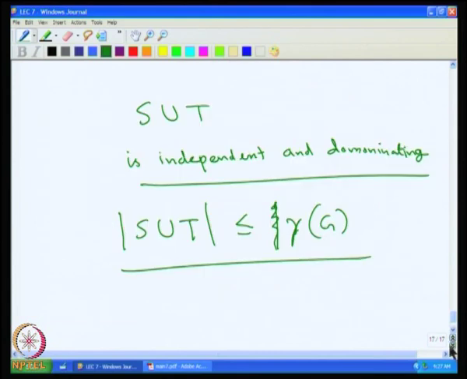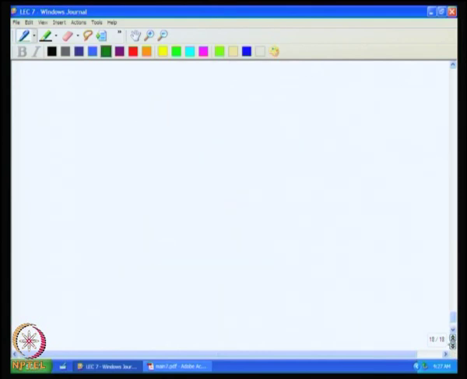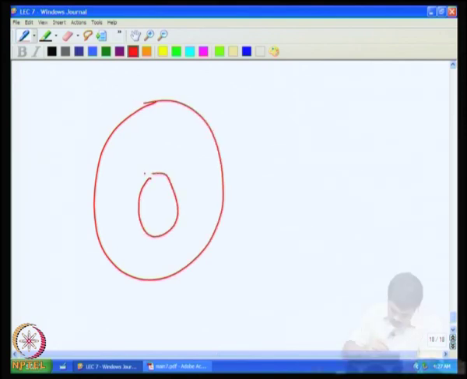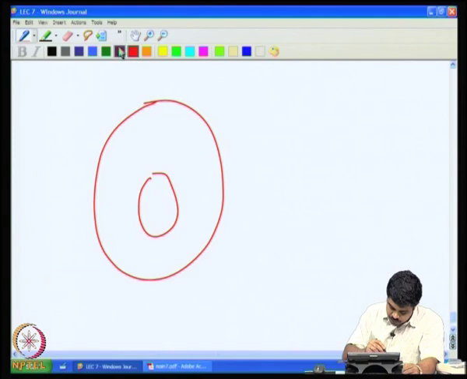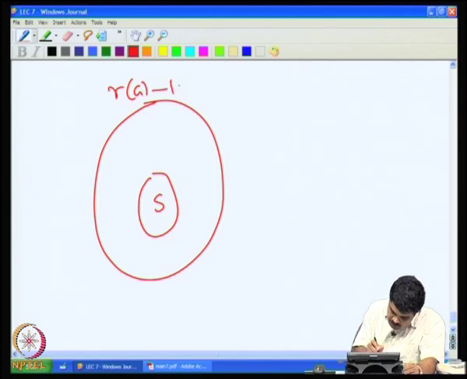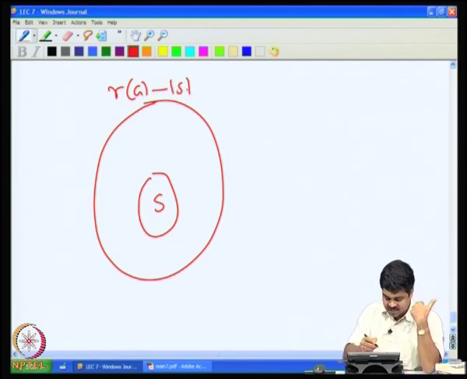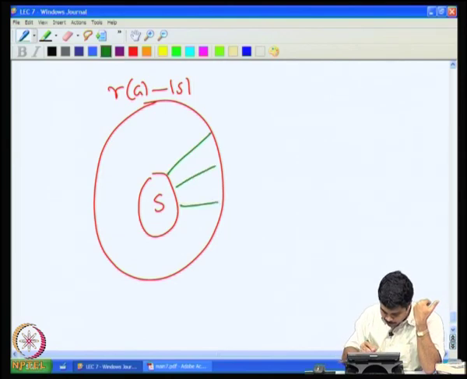Let me redraw it on the next page. So, this is the gamma of G, and we have the S here. Now we are interested in gamma of G minus the cardinality of S. That is essentially the cardinality of this set.